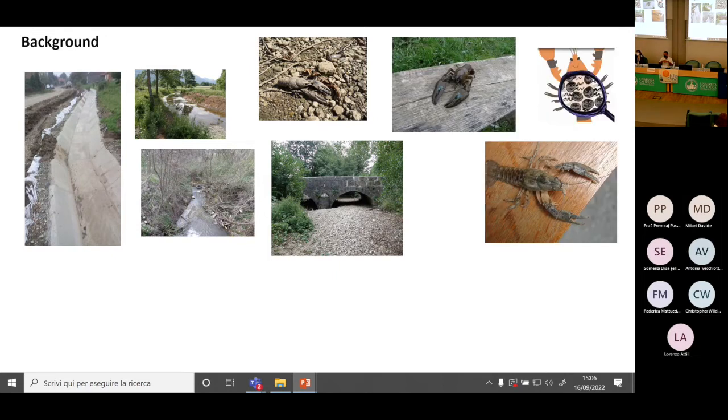And finally, there are also invasive alien crayfish species that are spreading, and that, apart from being more aggressive and more fertile, push out or displace native crayfish due to the pathogens that they brought into Europe with them.